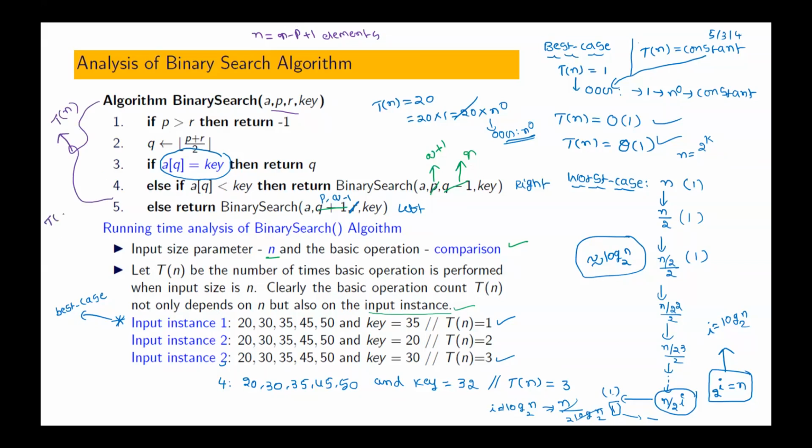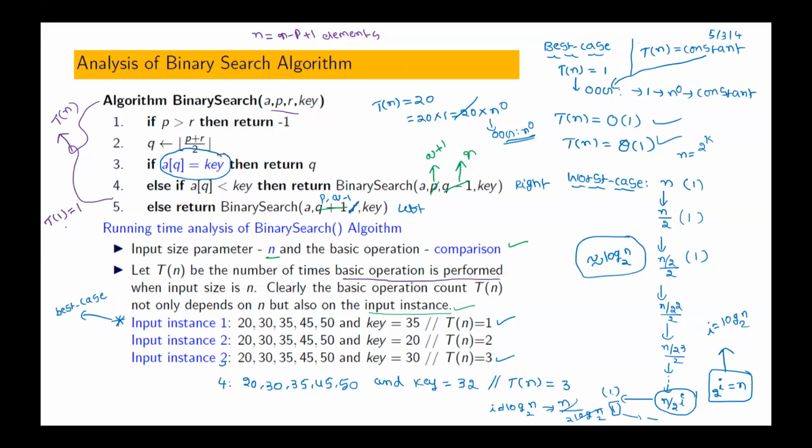That is the number of times the basic operation is performed. What is the basic operation here? This comparison. When the number of elements in the array is 1, how many times is the comparison operation performed? Only 1 time.